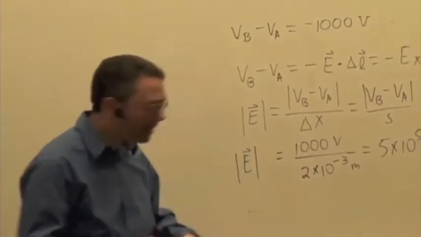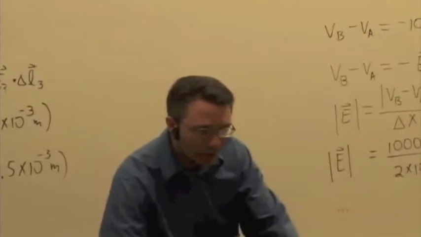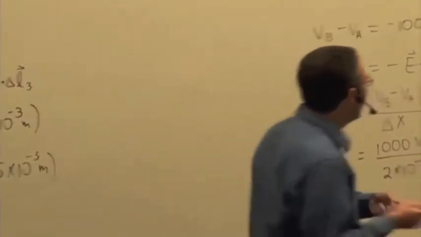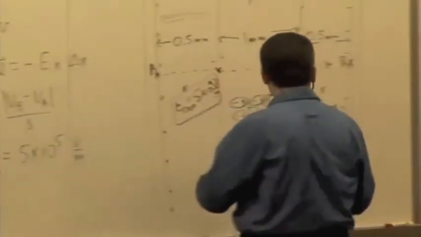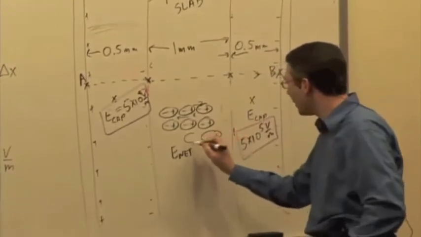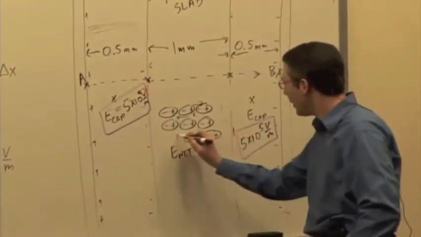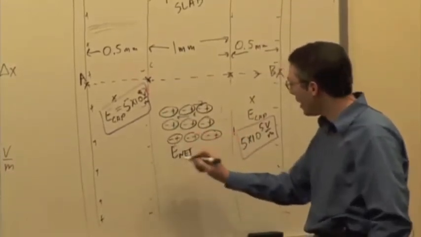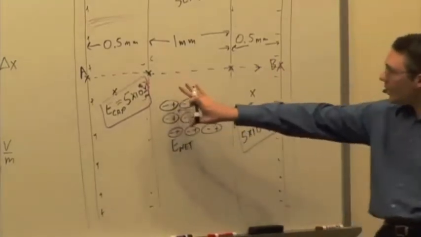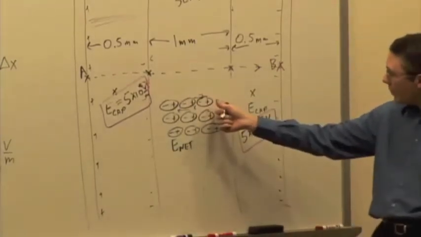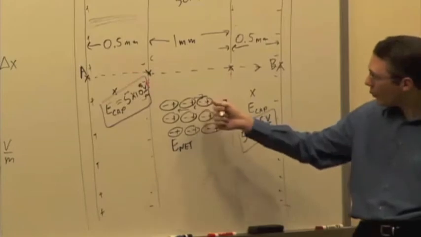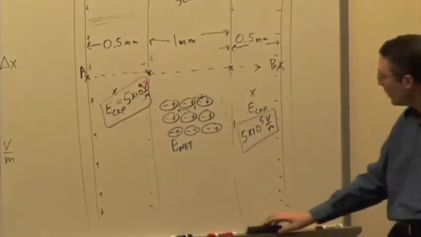Let's just look at this polarized slab. If I were to isolate the polarized slab and think of all these induced dipoles, the applied field is making positively charged dipoles on the right, negatively charged dipoles on the left.